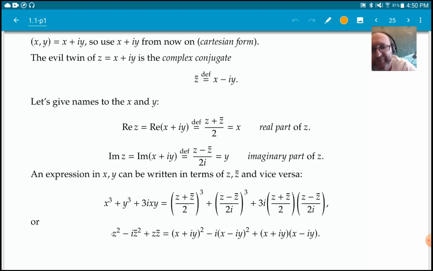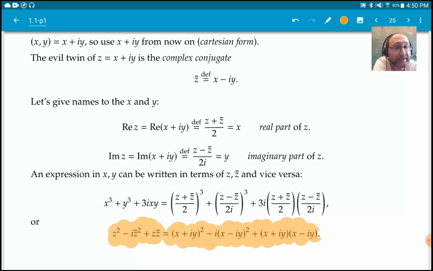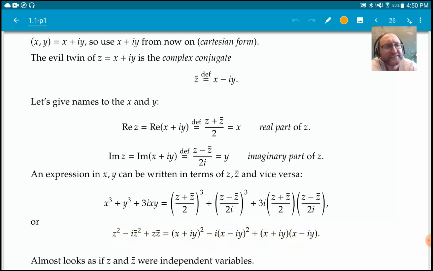If I have something in terms of z and z bar, I have something in terms of x and y. It's the same thing. So in some sense, it almost looks like z and z bar could be separate, independent variables. And to some degree, it actually works like that.